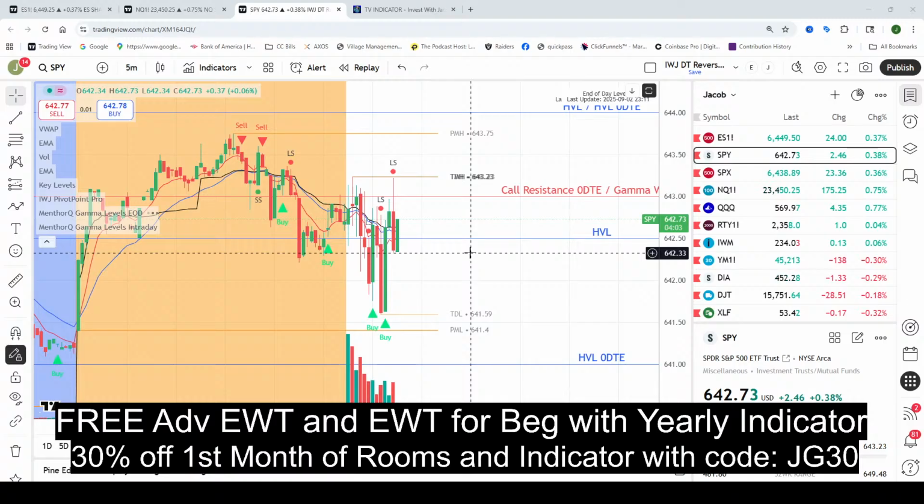Man, they came down and just tapped us out by a penny here so far, and now they're ripping it back up. That stinks.